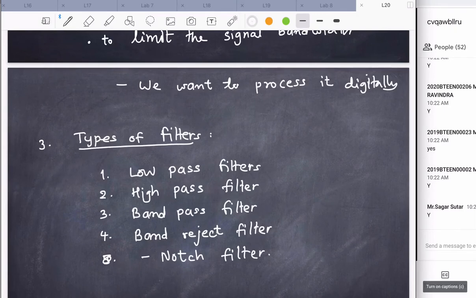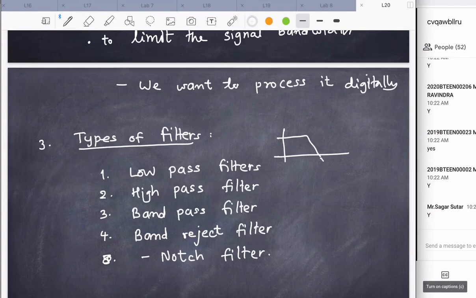So, low pass filter is a circuit that passes low frequencies. So, we can show it like this. So, lower frequencies are passed, higher frequencies are reduced in their amplitude.